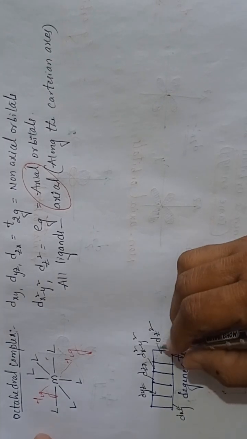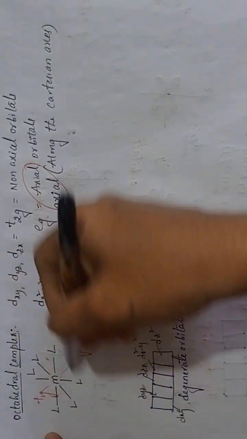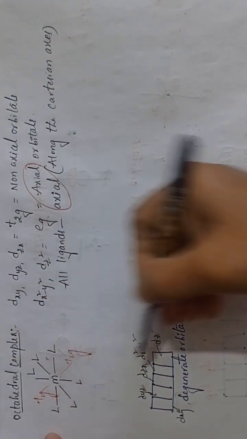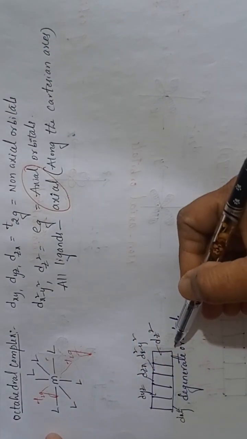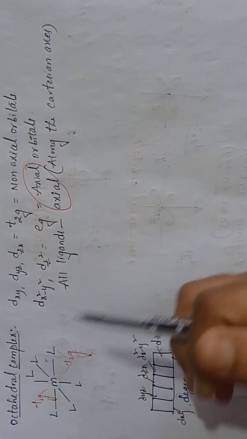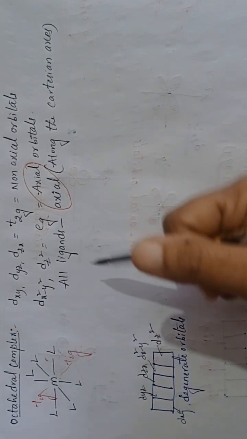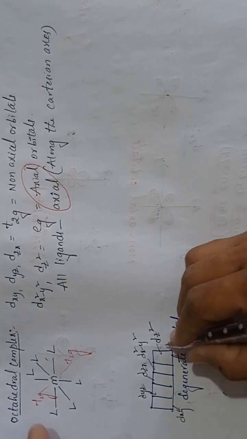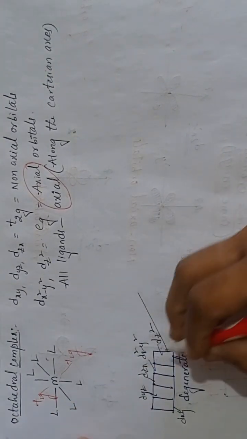Now whenever 6 ligands come closer to the central metal atom, these 5 degenerate orbitals lose their degeneracy because of repulsion, students. The electrons in the ligands and the electrons in the metal atom's d orbitals repel each other. Because of these repulsions, they lose their degeneracy.